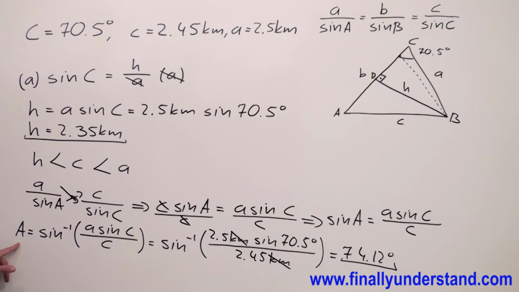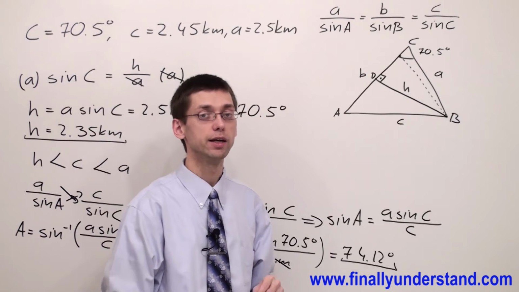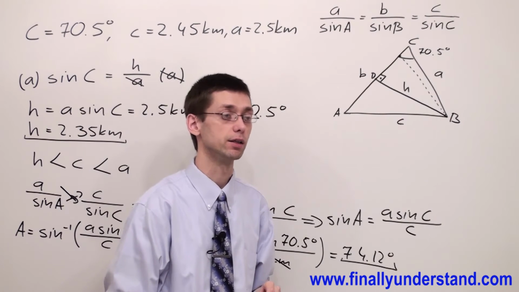Next, we're supposed to find angle B. Please keep in mind that the sum of angles in any triangle is always equal to 180 degrees.